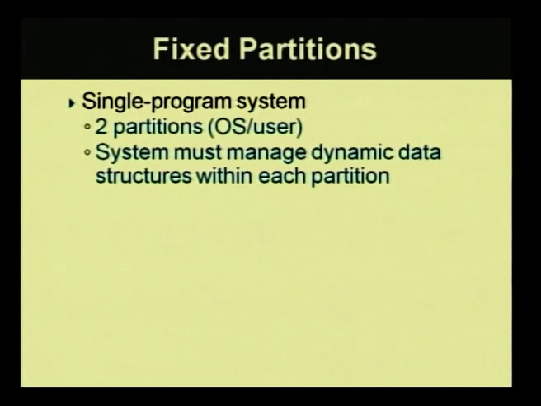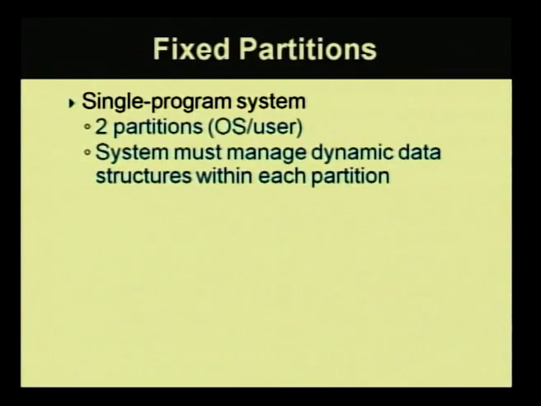In a single program system, there will fundamentally be 2 partitions. One partition is handled by your operating system, the kernel, which holds the OS related system programs and processes, and the other partition is given to the user.